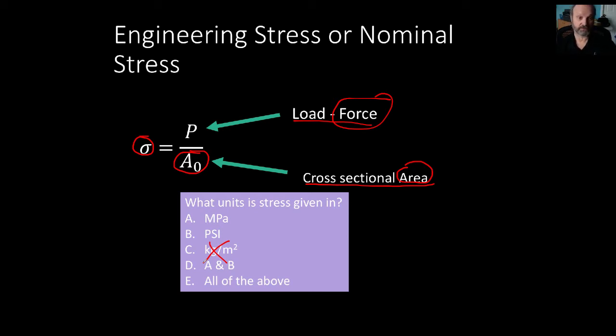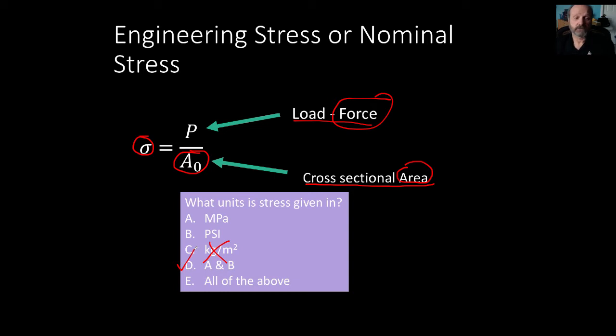That's a force. So F equals ma. A is meters per second squared, right? It's an acceleration. And m is kilograms, okay? So kilograms per meter squared is not a pressure unit. Okay, so A and B is the correct answer.